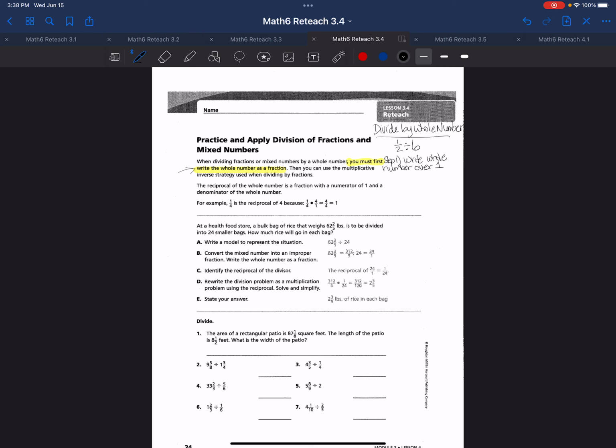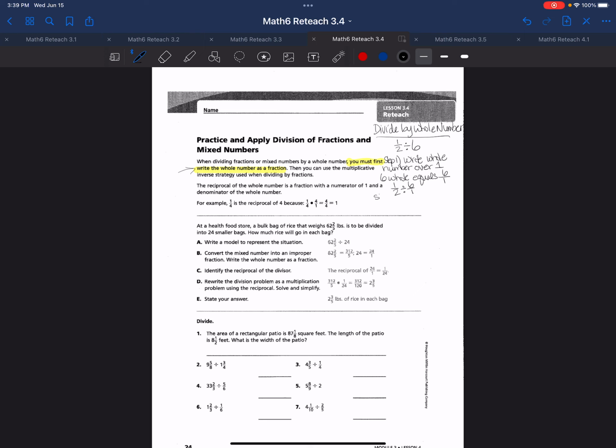So if we have 6 wholes, like a whole amount, we know that equals 6 over 1. Any whole number over 1 is that number. So let's rewrite our problem. We have 1/2 divided by 6 over 1.